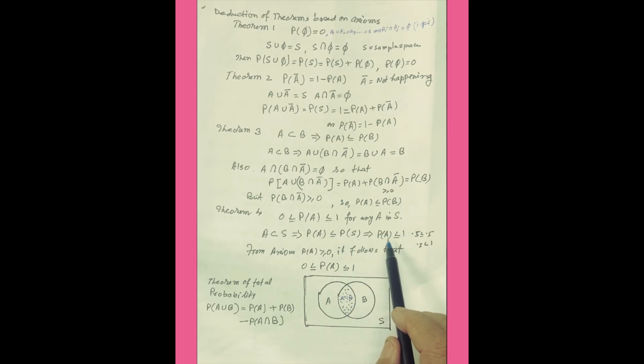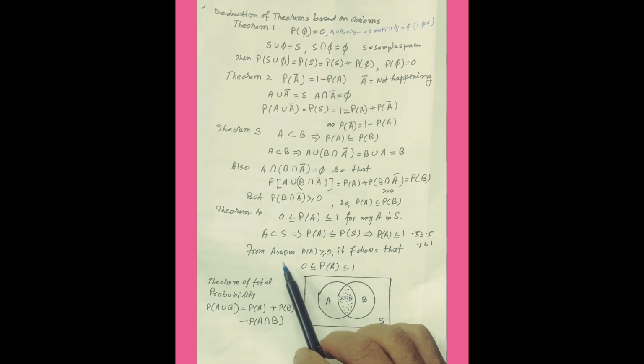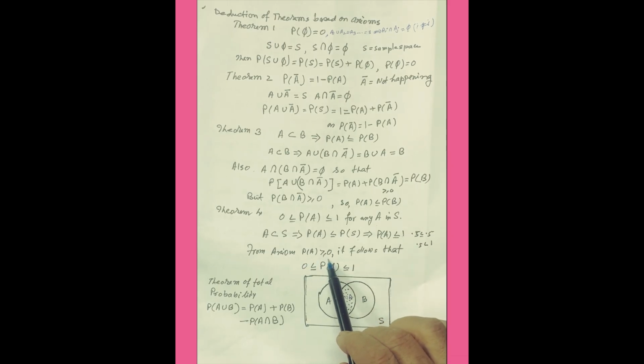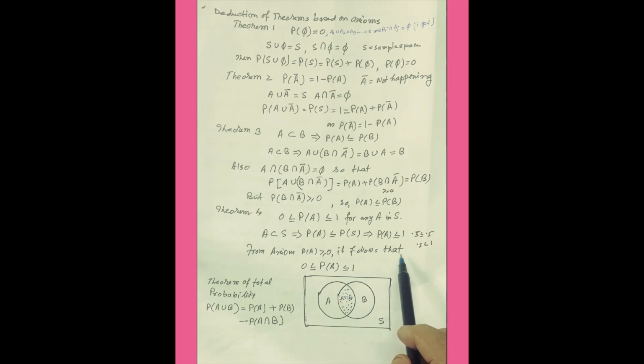From the axiom, probability of A greater than or equal to 0, it follows that the probability will range from 0 to 1.